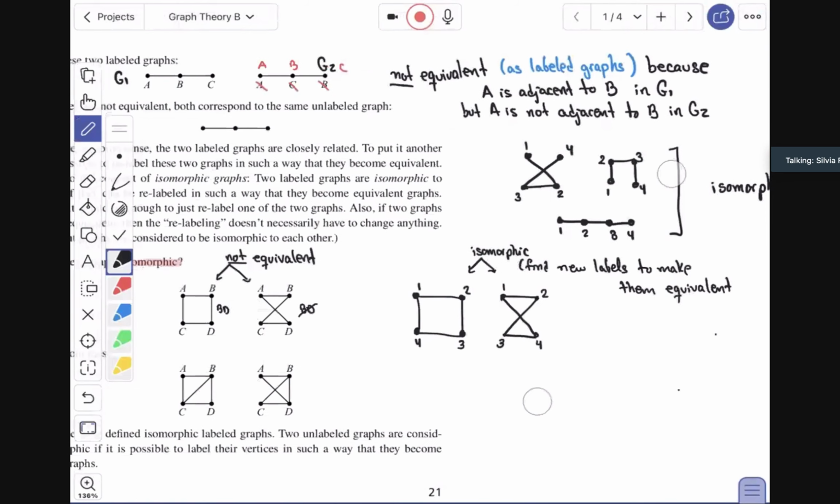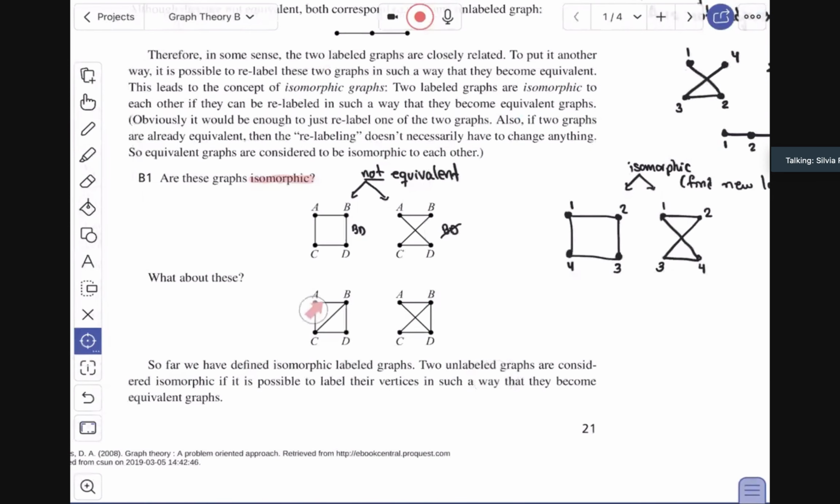So it says, what about these ones? Well, let's see, A, B. Let's see if they're equivalent first. A, B is joined to A, B. I actually have the triangle A, B, C, A, B. I don't have CA. Right? I have CA here, and I don't have CA here. So again, these are not equivalent because I have AC here, and I don't have AC there.